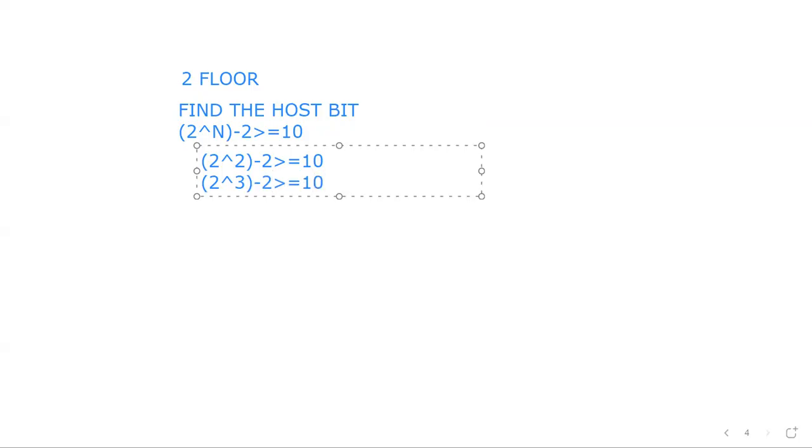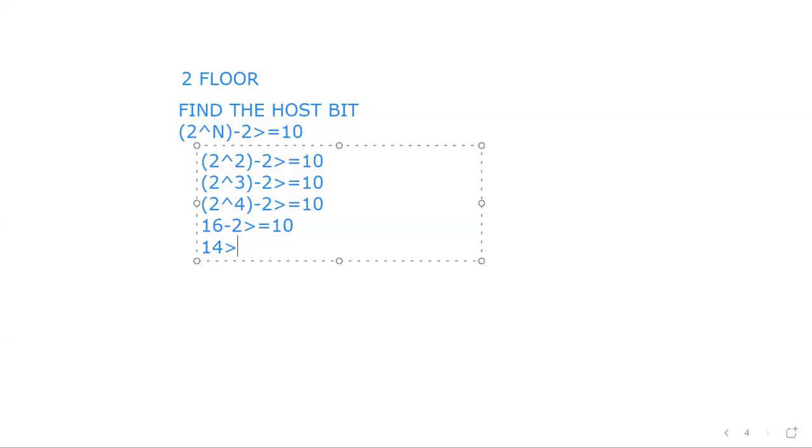No. 2 to the power 4, subtract 2 is greater than or equal to 10? Yes. 16 subtract 2 is 14, greater than or equal to 10, right?